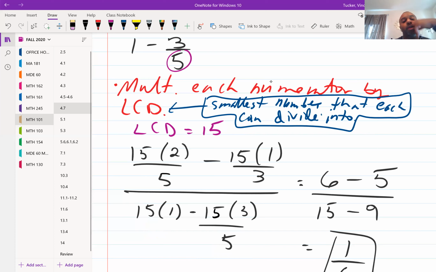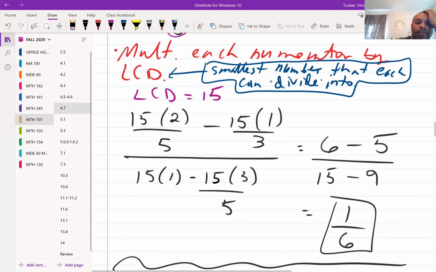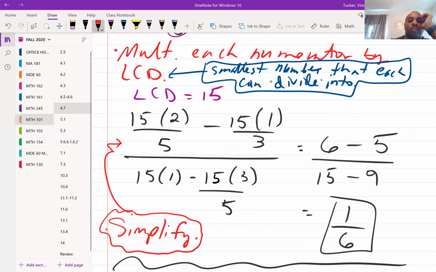We multiply each numerator by the LCD. So after you do that, you want to simplify.